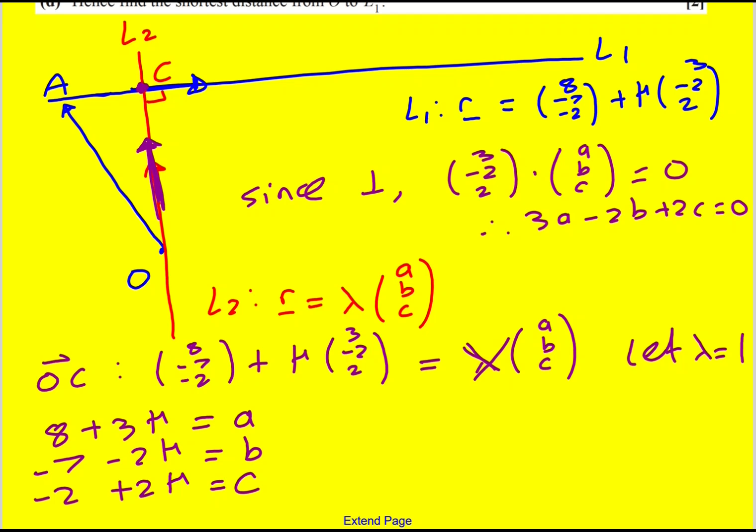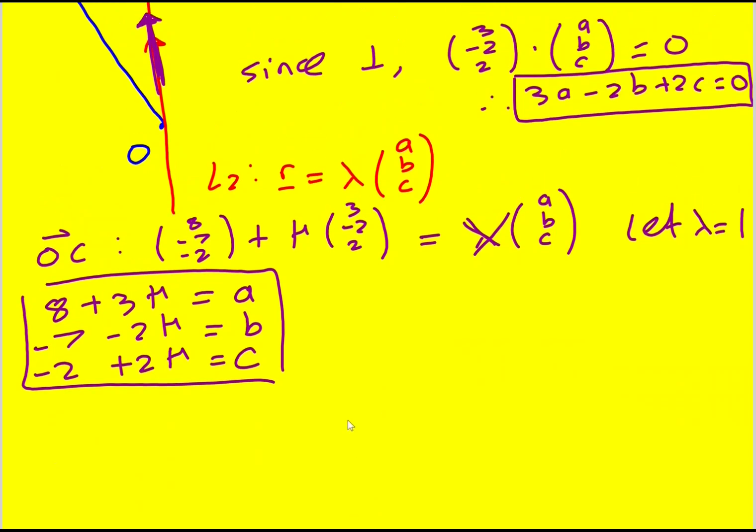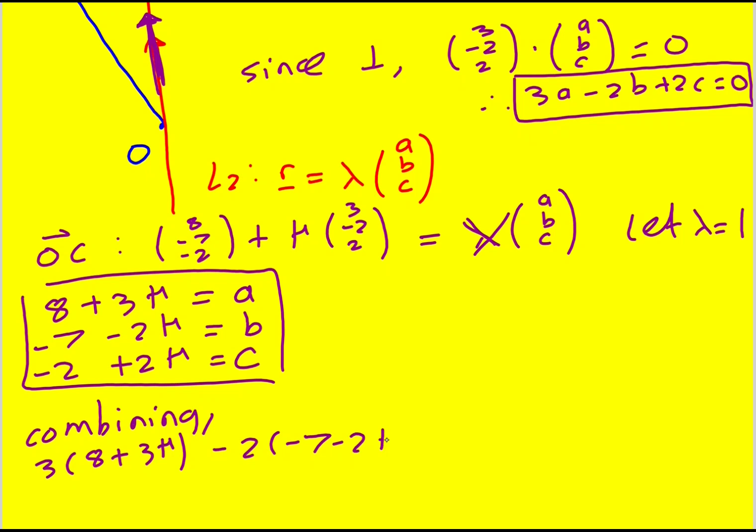So now I've got this, but I've also got this, and I can sub in to get an equation just in terms of mu. So combine. Therefore, I'm going to get 3 times 8 plus 3 mu, minus 2 times minus 7 minus 2 mu, plus 2 times minus 2 plus 2 mu, equal to 0.